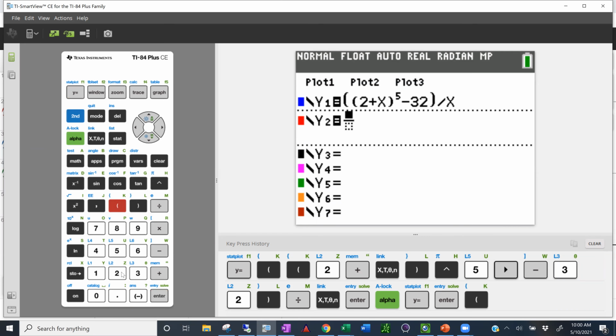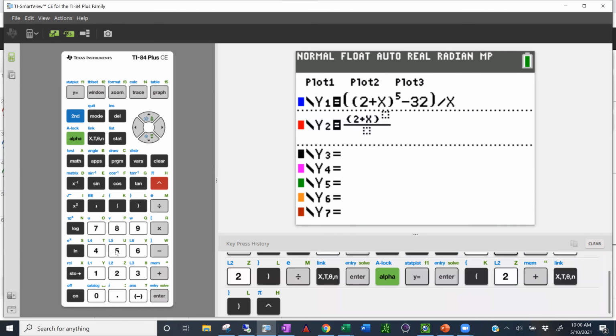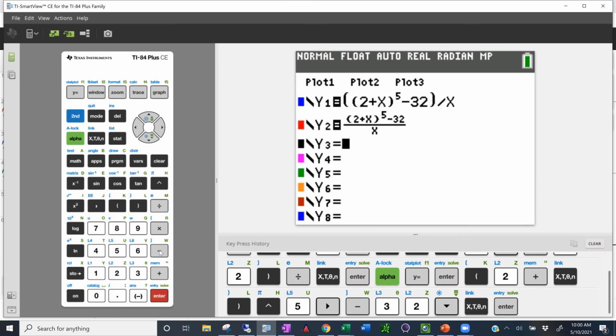It'd be parentheses 2 plus x, parentheses raised to the 5th, minus 32, divided by x. What I like about that is that it's less complicated in terms of parentheses, but not everyone could do it that way.